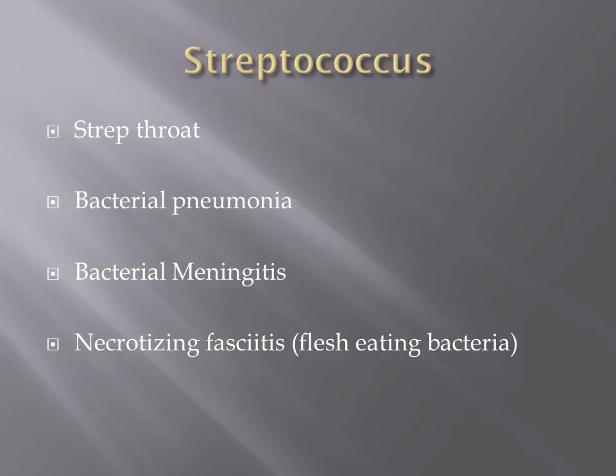Being in the ER, we do see a lot of strep throat. And the other three, the bacterial pneumonia, the bacterial meningitis, and the necrotizing fasciitis, are severe bacterial infections that progress very rapidly and ultimately need to be diagnosed and treated very rapidly in order for the patient to have a good prognosis.